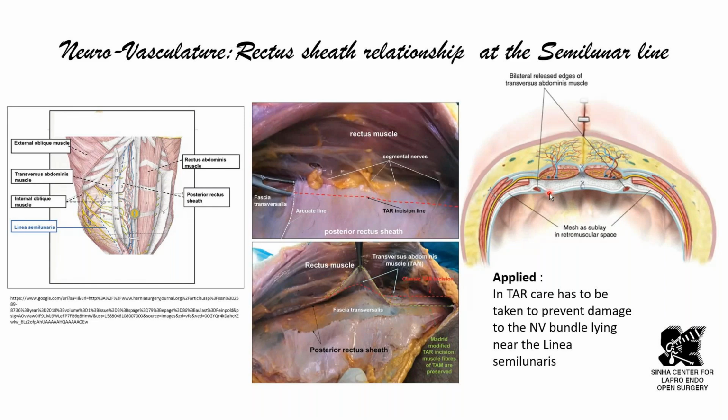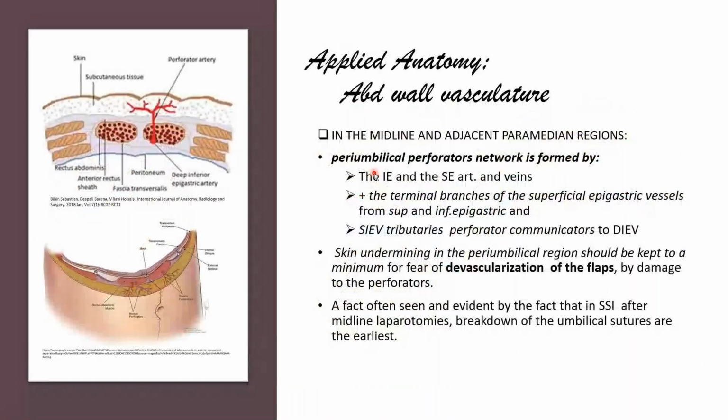I make an incision posterior to the sheath and I straight away enter. If I cut here and then enter, I'll be damaging the vessel, I'll be damaging the nerve. Similarly, if I cut here, I'll damage the vessel and the nerves. If I cut here, I would not be doing that. Is that clear? So that is why the entry point of these vessels or neurovascular bundle becomes important, right?